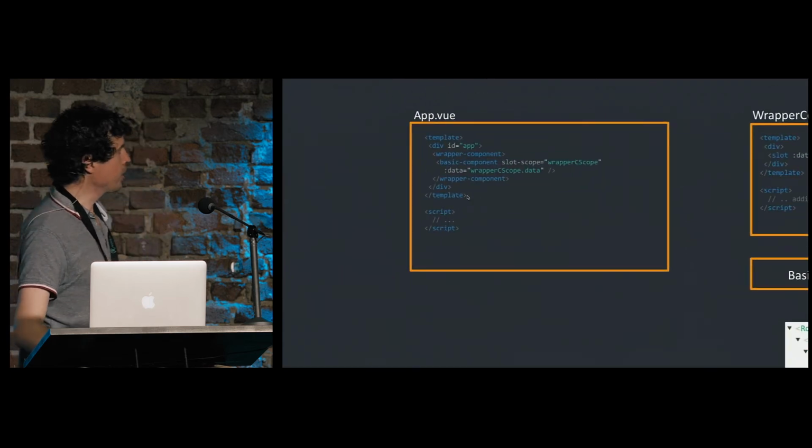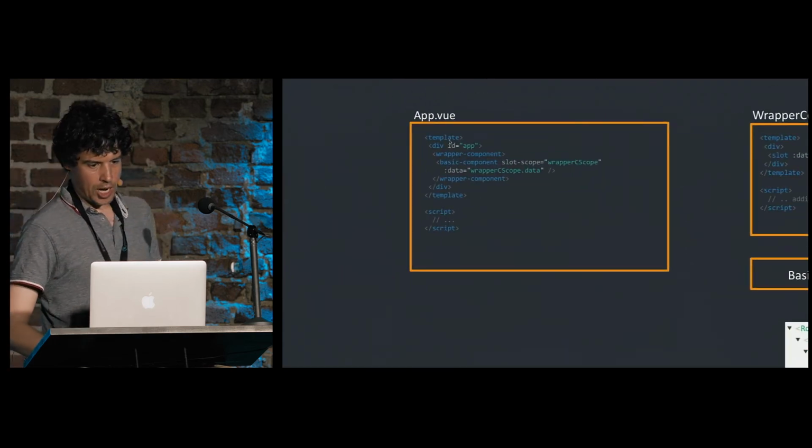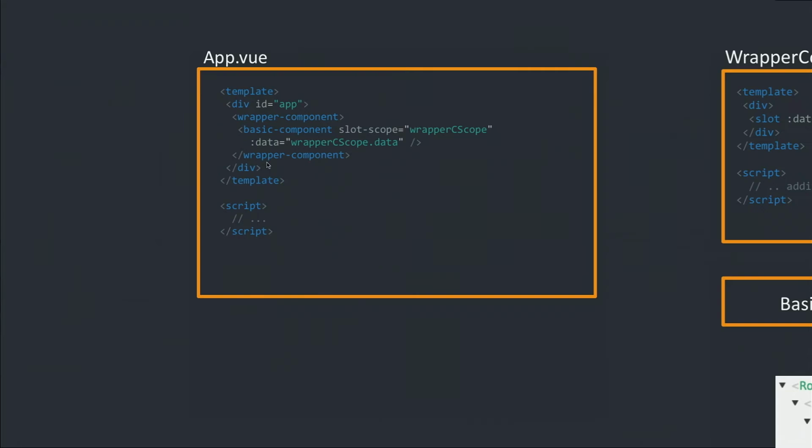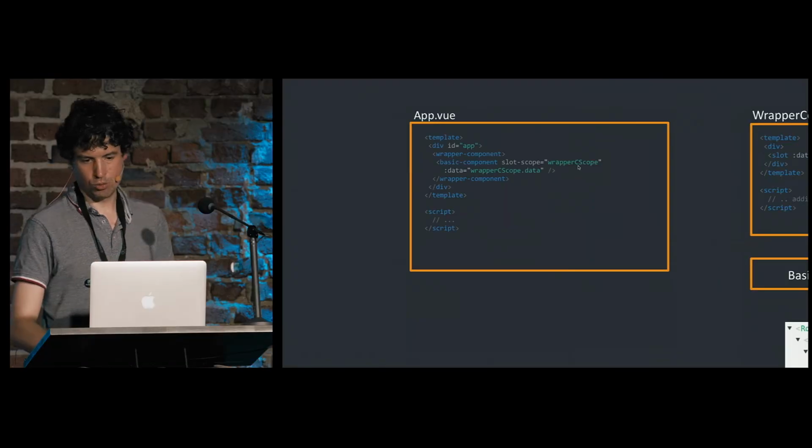And when using that, in our app component, we use the wrapper component. And inside it, this is our slot. The content of our slot at runtime is the basic component. And to get access to the slot scope, we just need to assign it a name. This is a name you can freely choose.